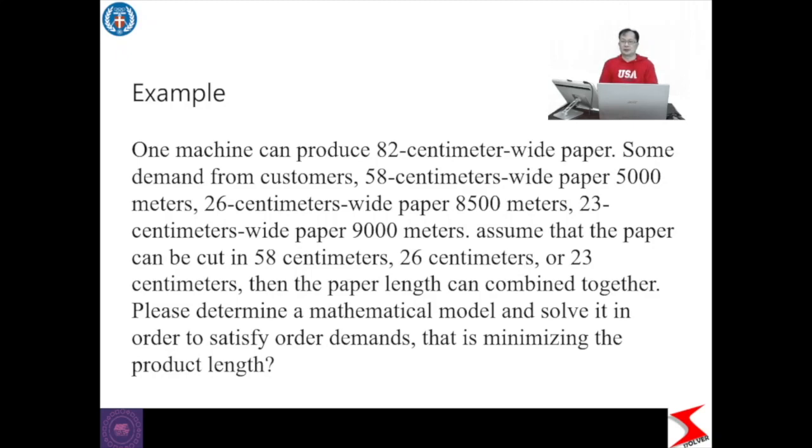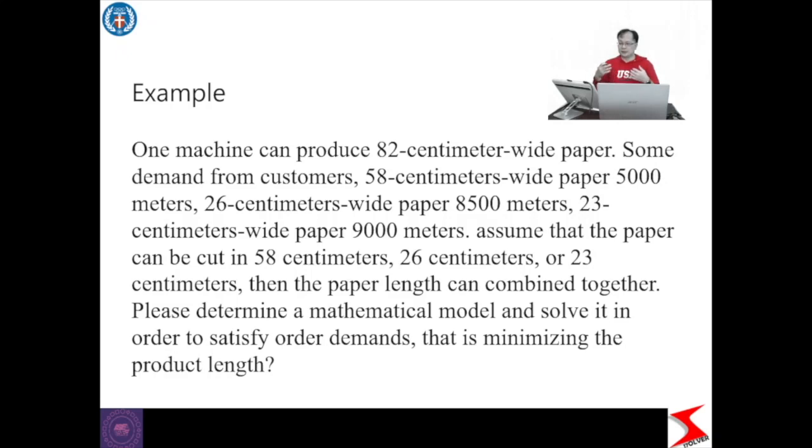Although this is a very simple problem, the difficult point is how you set up the decision variable, because it's a combination of different lengths of the paper, right? Then you don't know how you cut the length of the paper, then combine together, right?